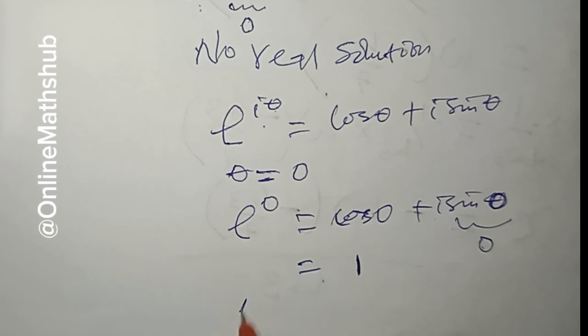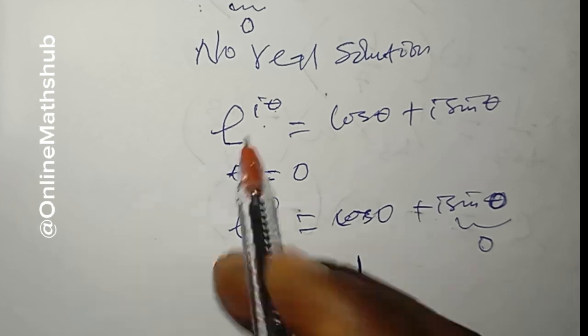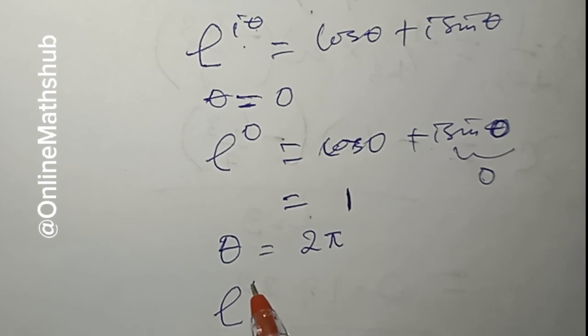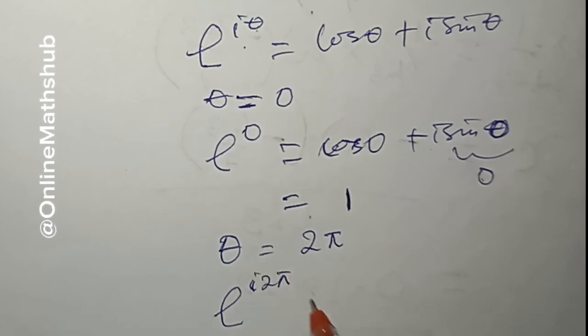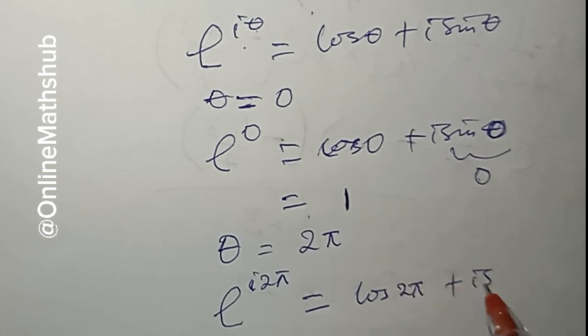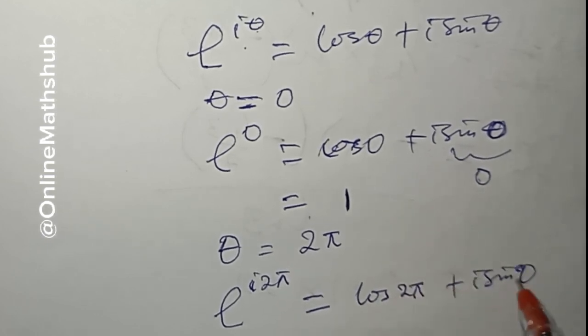We can also consider another one. Let's say theta equal to 2 pi. If we put that right there, we're going to have exponential i 2 pi, which is equal to cos 2 pi plus i sine 2 pi.